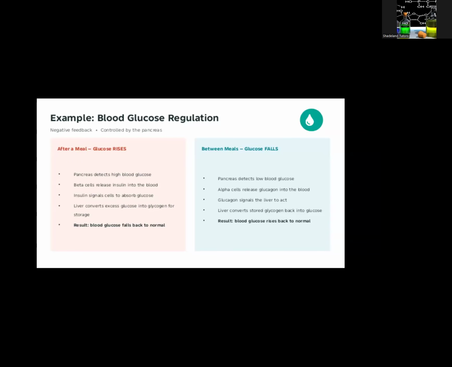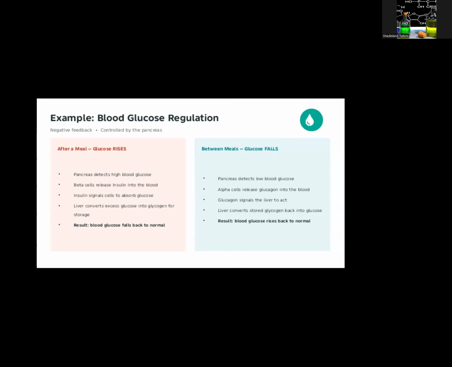Now, between meals, when glucose levels fall, you've eaten some hours ago and your blood glucose level has come down. What happens to make sure the blood glucose level rises? If not, you may get so tired and weak because your cells will not have enough glucose to produce energy through respiration.